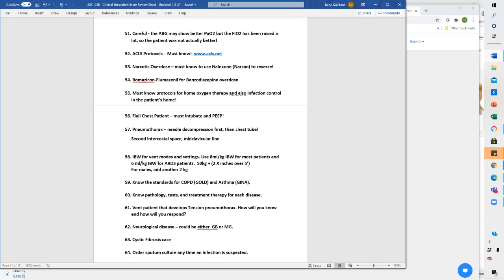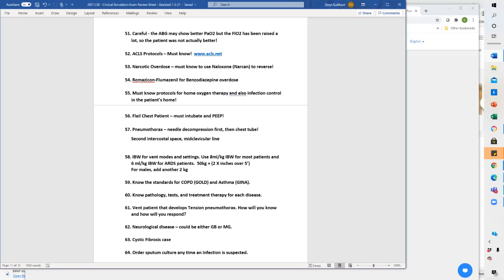Neurological disease could be either Guillain-Barré or myasthenia gravis, and you need to study both. Key there is monitoring the patient's respiratory strength with tidal volume, vital capacity, and maximal inspiratory pressure. If you will, pay close attention to that and measure those every 2 hours.